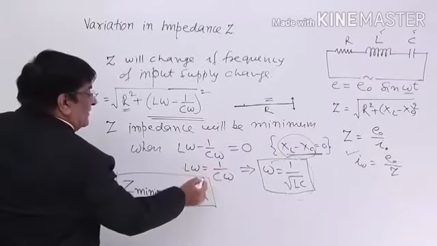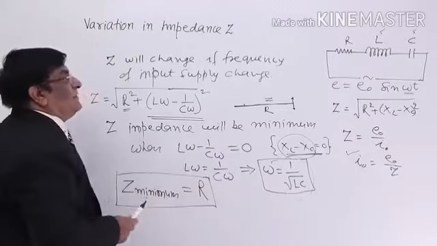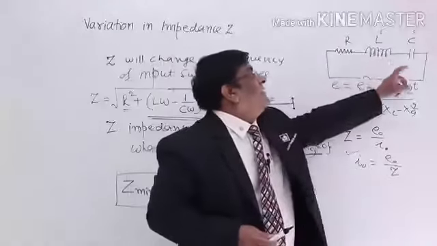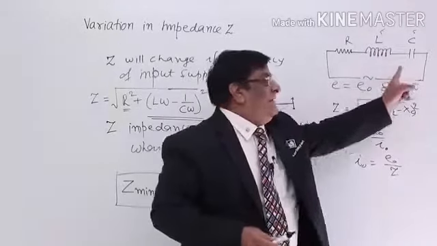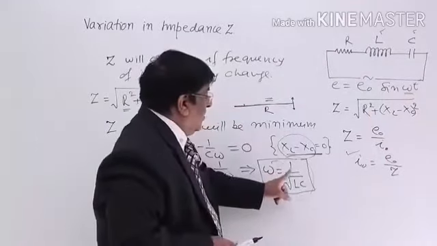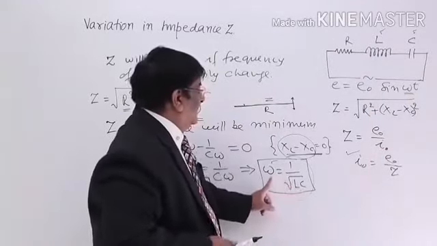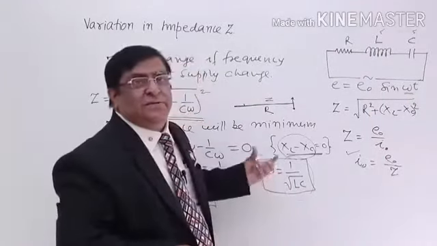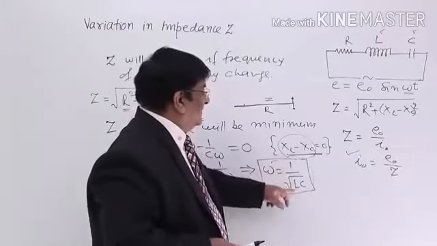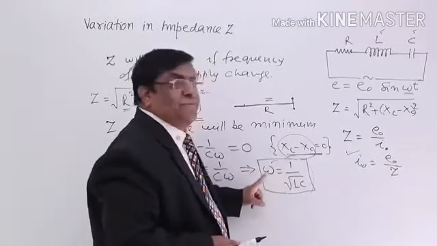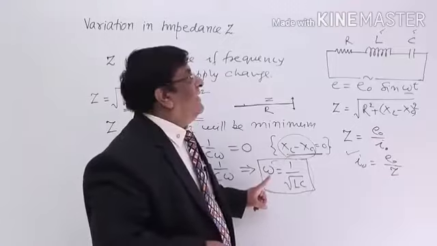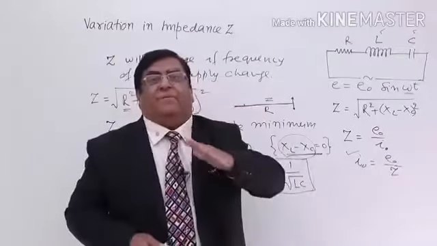Now one more thing. Every LCR circuit, due to its L and C, has a particular value of 1 upon root LC. If this is the frequency given, then Z will be minimum.